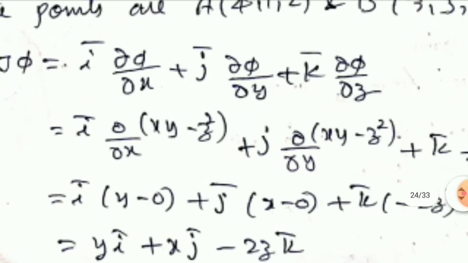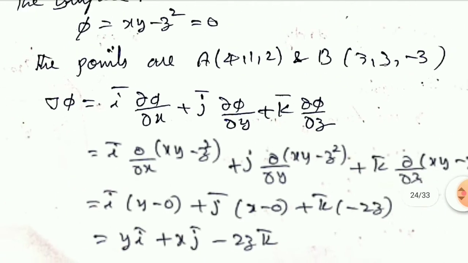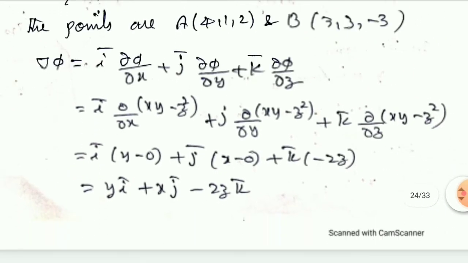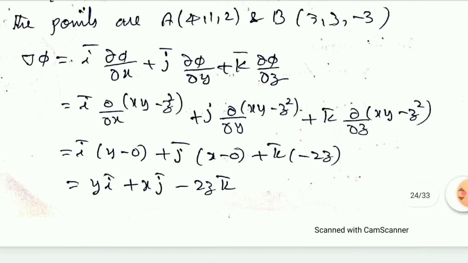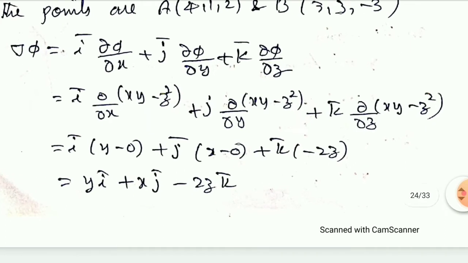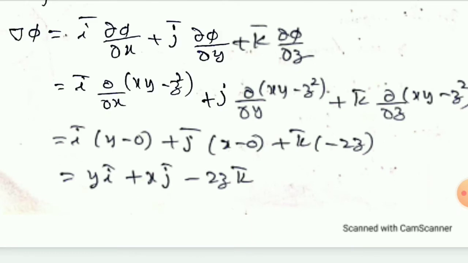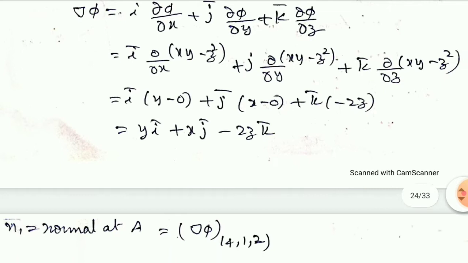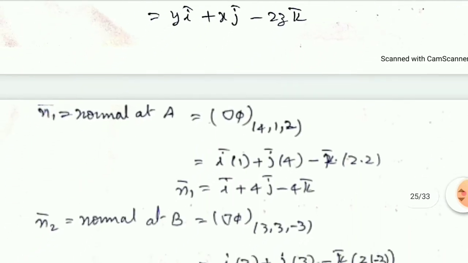Substituting that phi value here, dou phi by dou x is y, dou phi by dou y is x, and dou phi by dou z is minus 2z. So finally that vector is yi plus xj minus 2zk. The given scalar you converted into a vector.